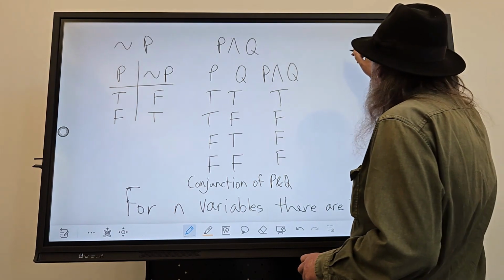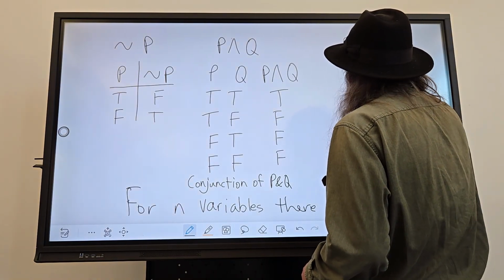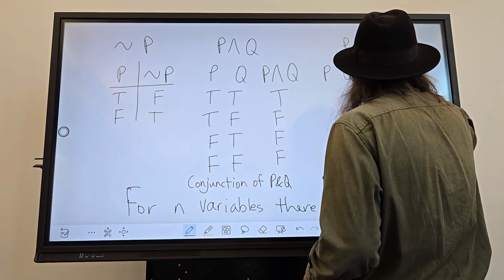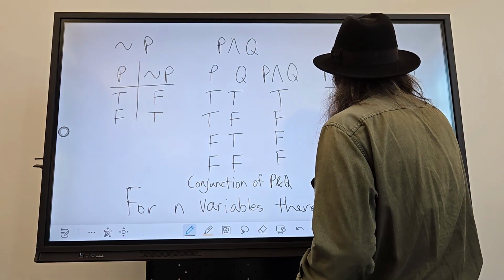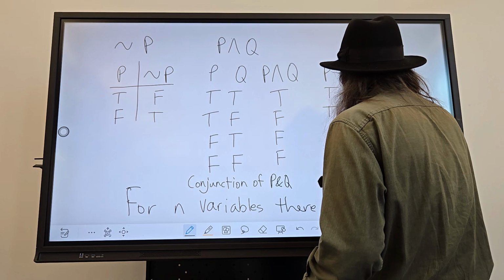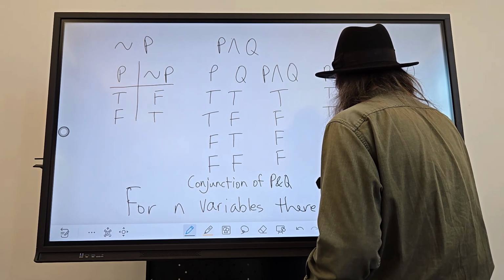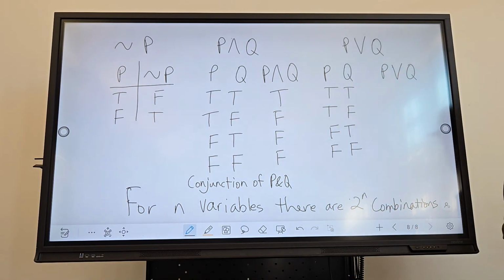Then there's P or Q. Anybody guess what the values for P or Q would be?